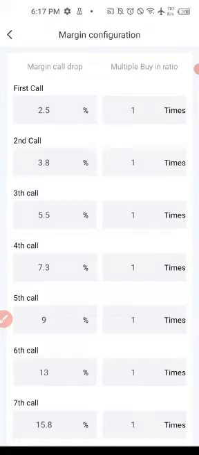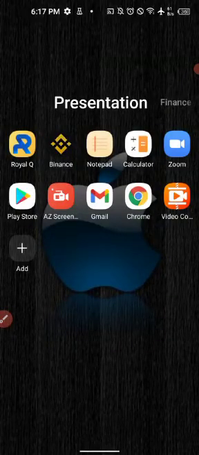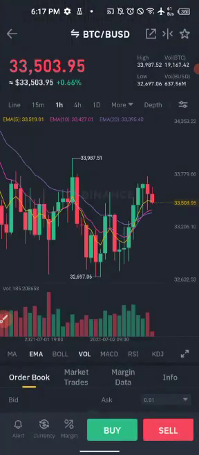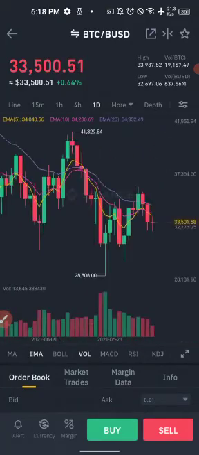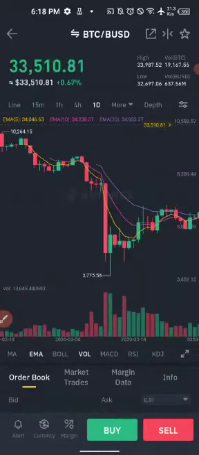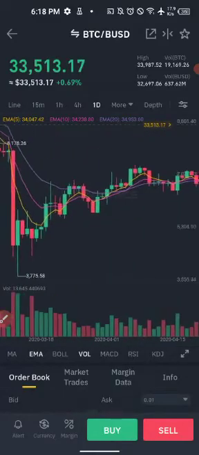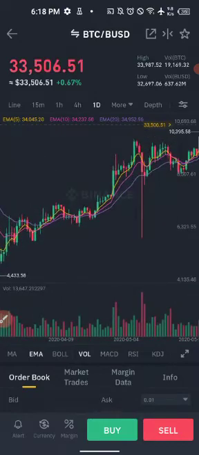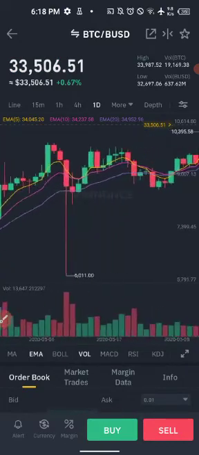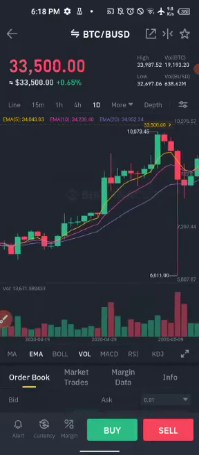Now, first of all, let us look at this market. So let us go to Binance, for example. Remember, we spoke on a bullish market. So this is a bullish market here, or a sign of a bullish market as we have seen earlier. So you can see the market going up, up, up. But let me open it for you. Let's come back here.